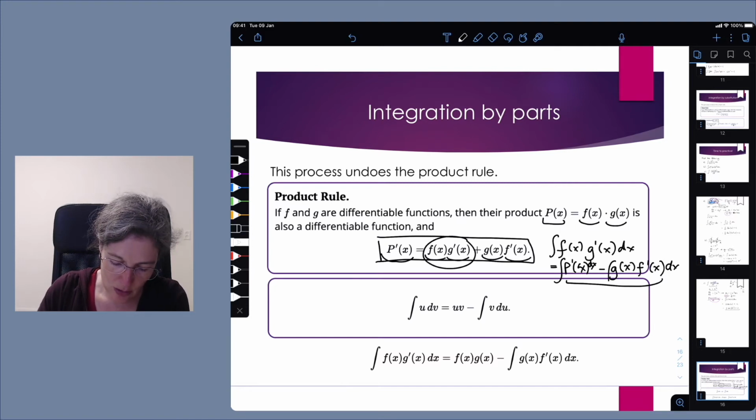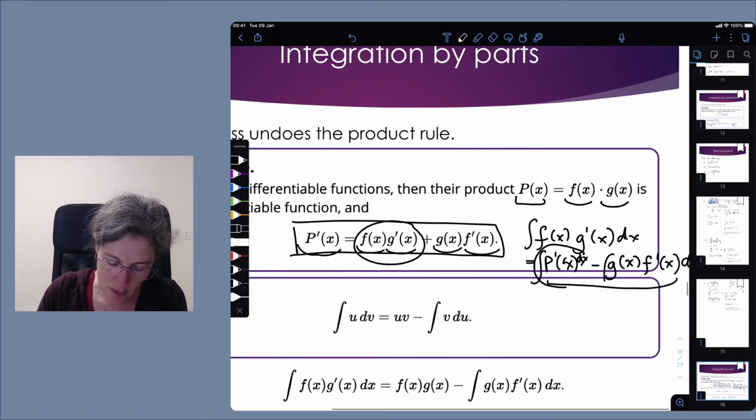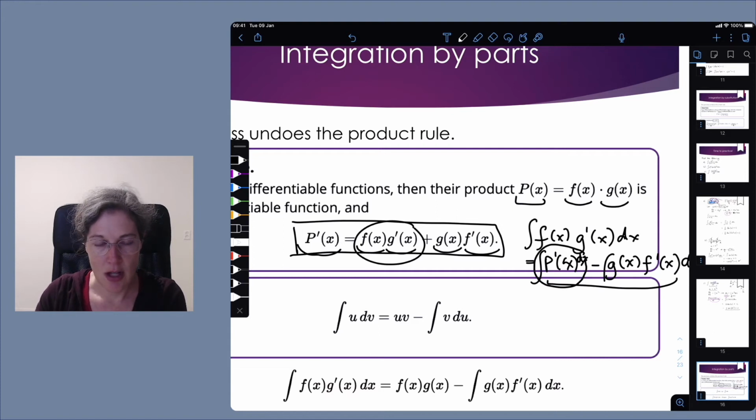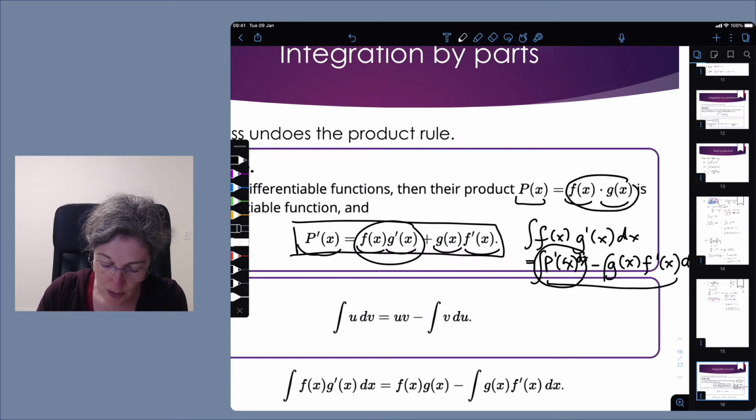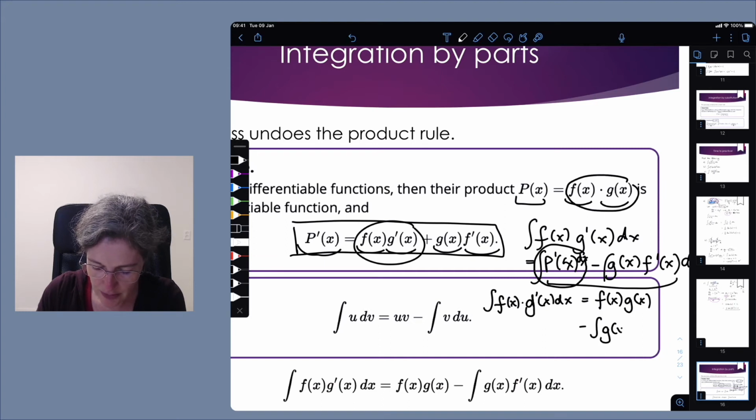But the key thing to notice is that this over here is asking us, what did we have to differentiate in order to get the derivative of big P? But what we had to differentiate in order to get the derivative of big P was this. So we end up saying the integral of f of x times the derivative of g of x dx must be equal to f of x times g of x minus the integral of g of x times f prime of x.